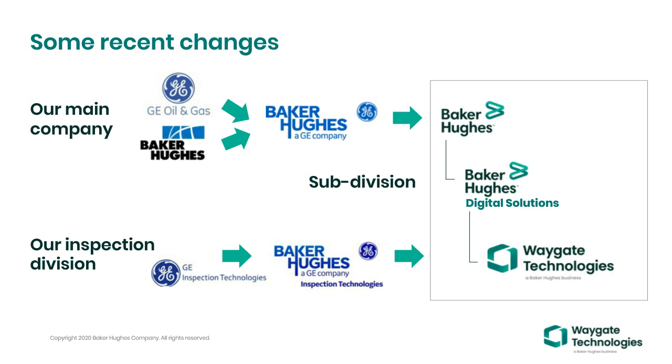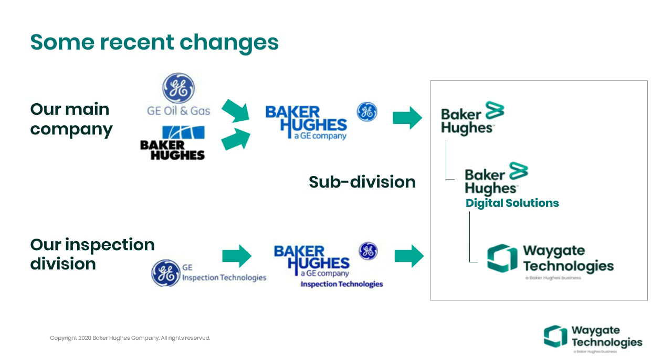At a certain moment, both companies merged together and formed a new company called Baker Hughes, a GE Company. Then, after a while, GE decided to sell off the majority of the shares, so Baker Hughes became an independent company with a new logo. Within Baker Hughes, there are several subdivisions, of which Digital Solutions is one of those divisions.